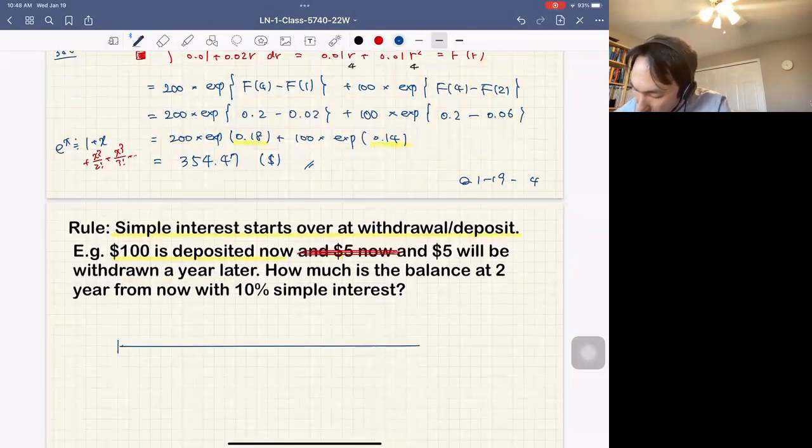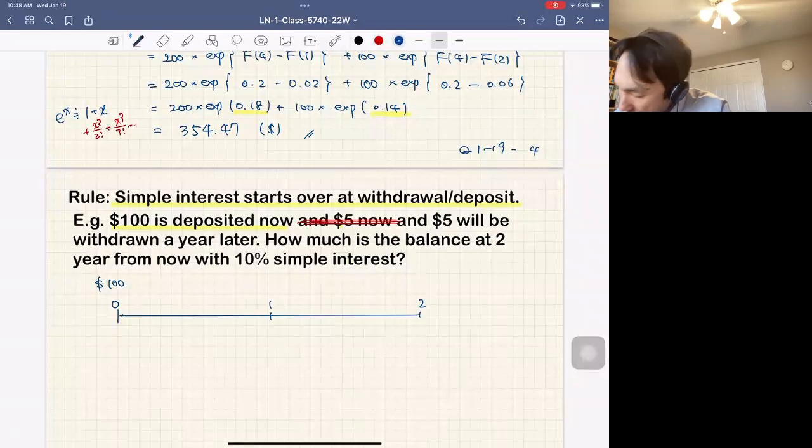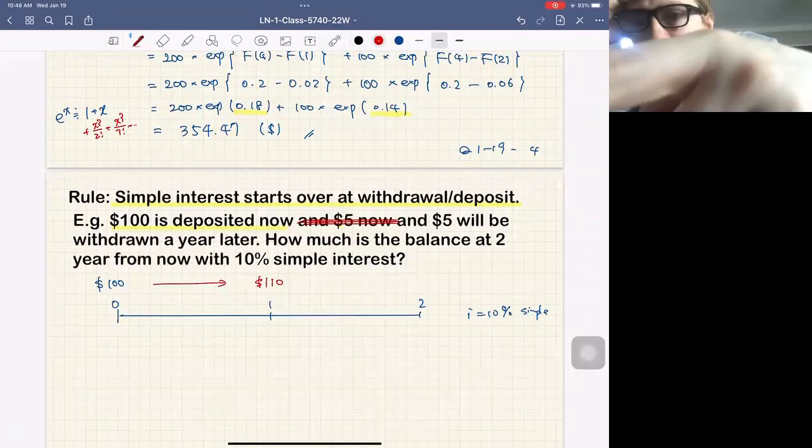So we think about the time diagram first. Time is equal to 0, 1, and 2. At first we have $100. Then 10% simple interest rate. So $100 becomes $110 at year 1. Then we take $5 away.